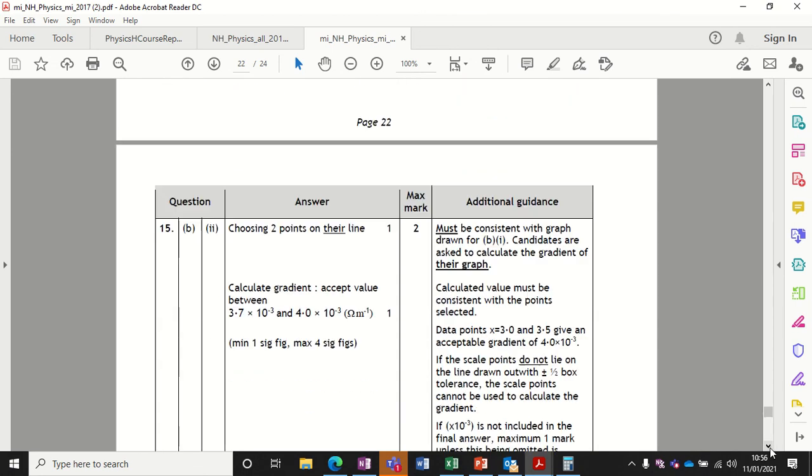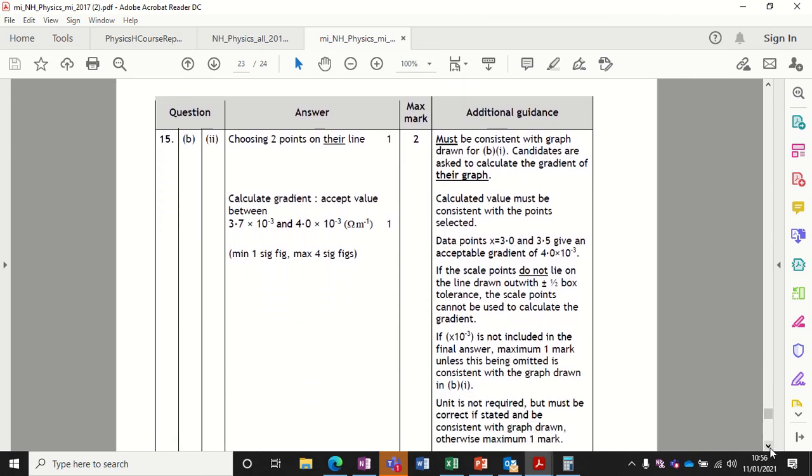If I then go to the next part, to work out the gradient, I have to choose 2 points on my line, which I did. I didn't pick 2 of my data points, I picked 2 points that were on the line. Now, if 2 of those data points were on the line, fine. If they're not, it has to be 2 points from the line. Now, by calculating the gradient, accepted values are between 3.7 times 10 to the negative 3 and 4.0.